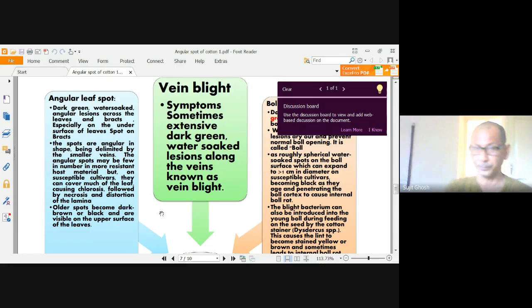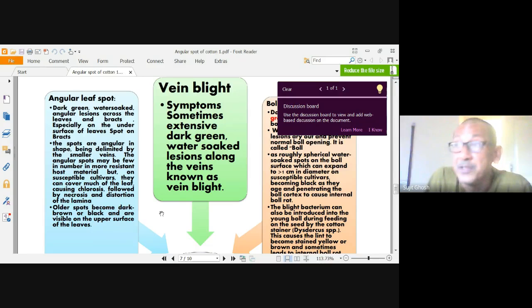Next, if any water soaked patches with dark green color are observed along the main vein, then it is called vein blight. And the angular leaf spot is actually an indicator of the disease. It is also a dark green water soaked angular lesion on the leaves and branch bracts.